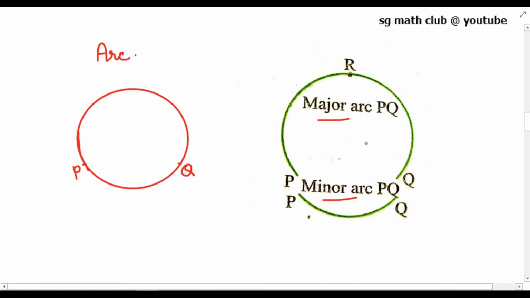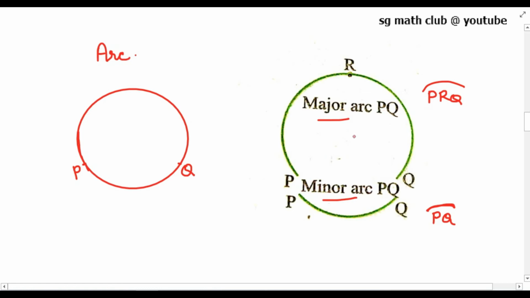The minor arc is usually denoted by the arc symbol and PQ, and the major arc is usually denoted like this, PRQ, where R can be any point on this arc between P and Q. Unless otherwise stated, arc PQ means the minor arc, and PRQ means the major arc.